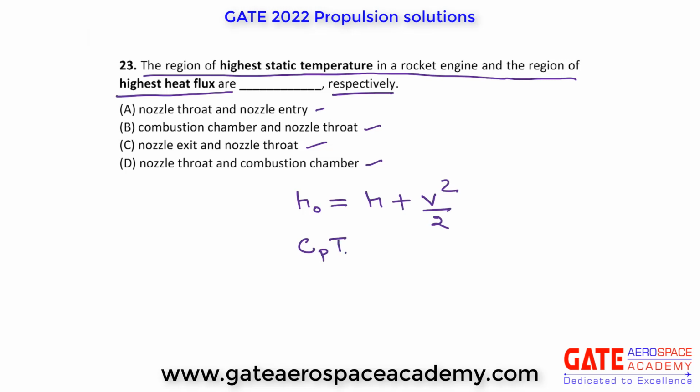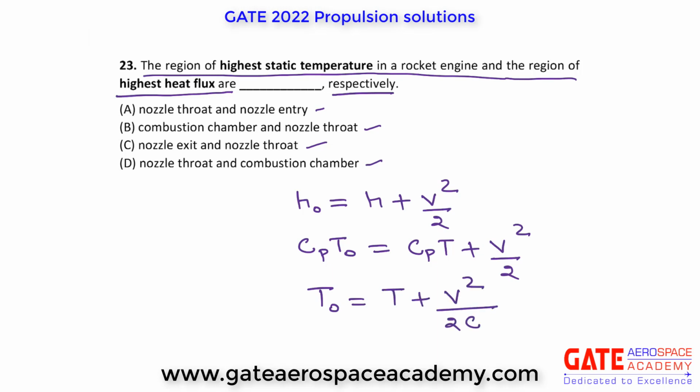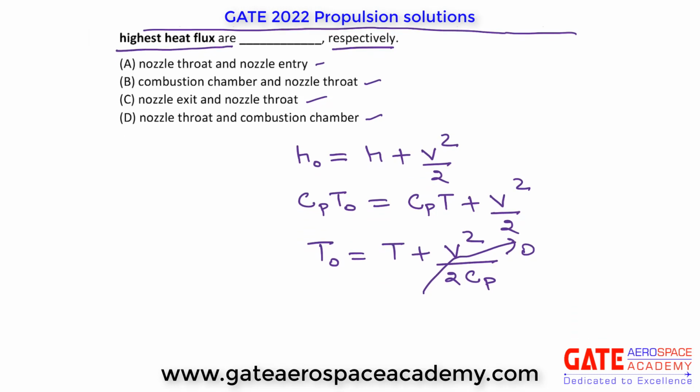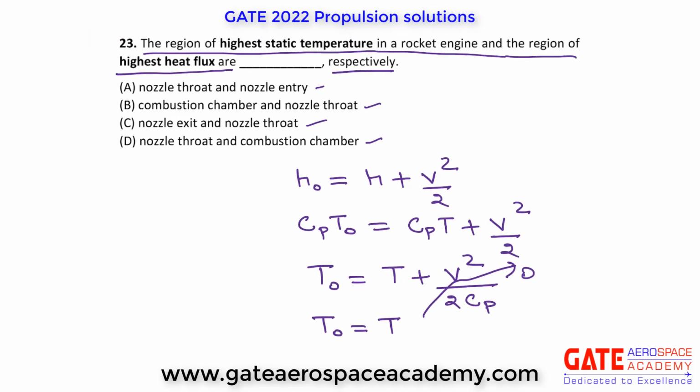Cp T naught is equal to Cp T plus V square by 2. So T naught is equal to T plus V square by 2 Cp, correct? In combustion chamber, velocity will be negligible. So stagnation temperature is equal to static temperature inside combustion chamber. So static temperature will be highest inside combustion chamber.